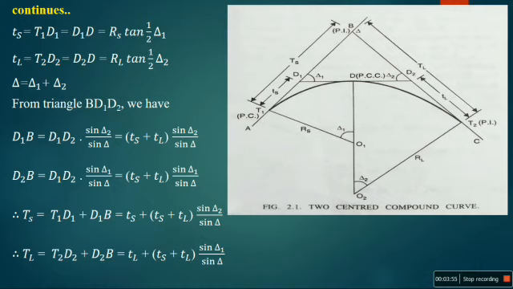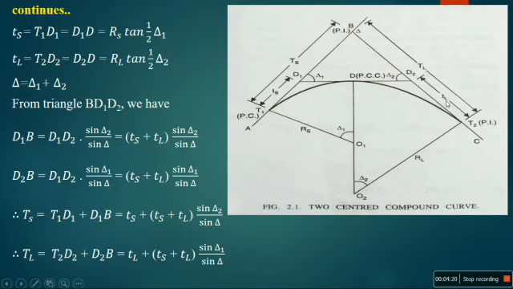But here for this small curve, delta is equal to delta 1. So ts is nothing but the T1 to D1 distance. You can also write it as D to D1. The formula is RS tan delta 1 by 2.